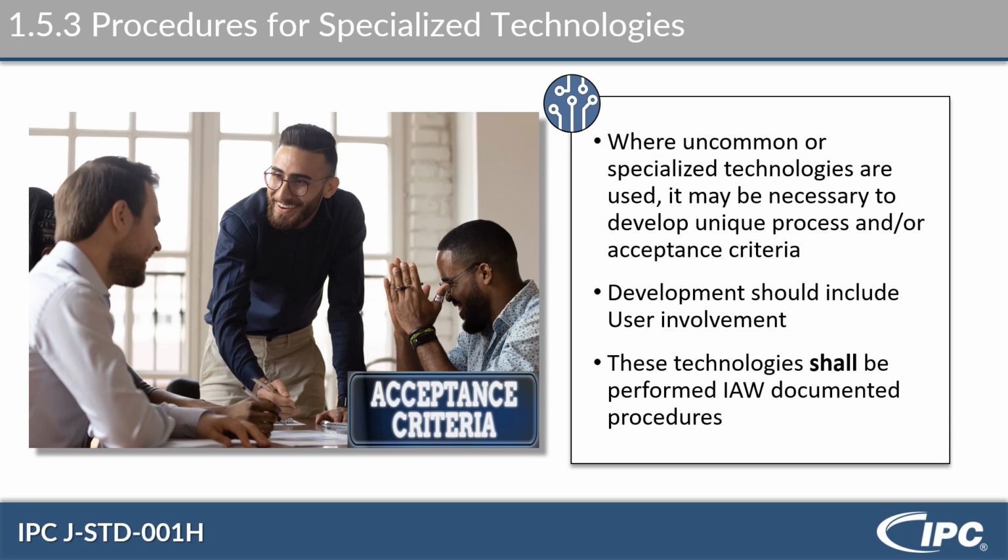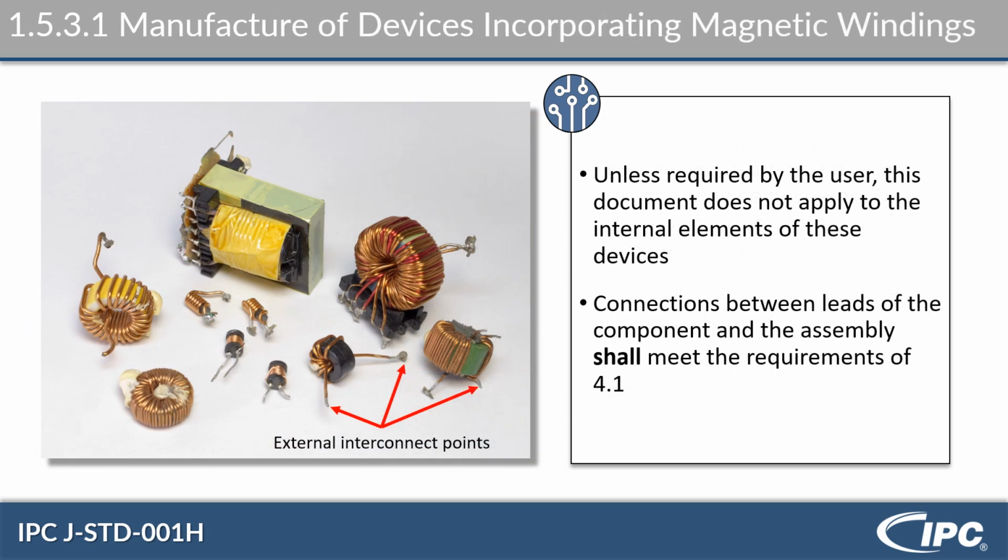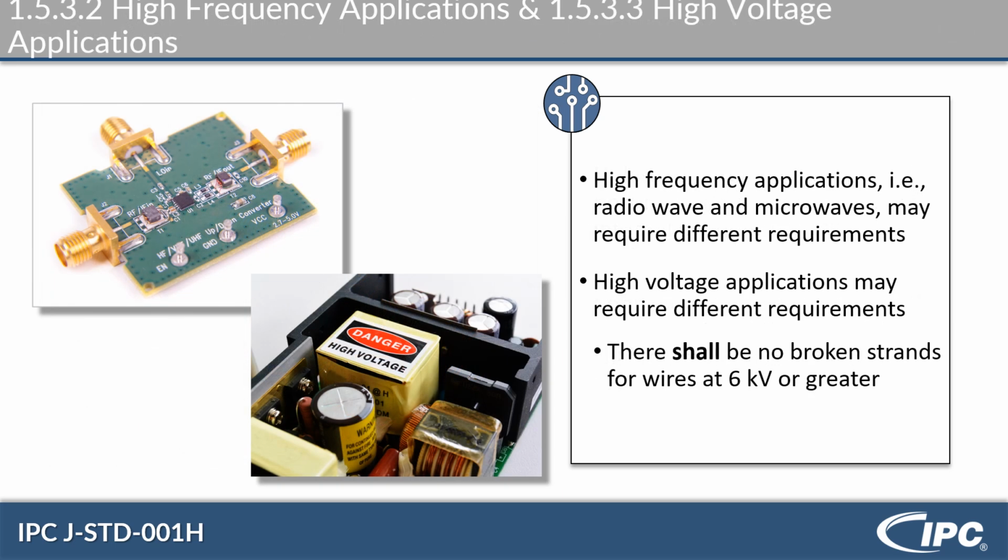For specialized technologies, it may be necessary to develop unique process or acceptance criteria as long as they are not in violation of what's called out in the IPC. That's magnetic windings. We don't care about those. High frequency applications and high voltage applications may require something different.